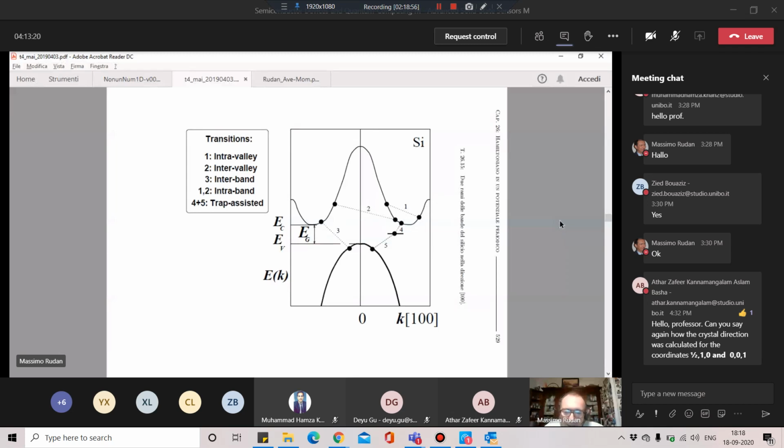You remember that in a cubic lattice the K1 component is aligned with the 100 direction, K2 with the 010, K3 with the 001. So we simply consider the 100 direction and we show a part of the function. We show the total energy in the vertical direction with respect to K1.